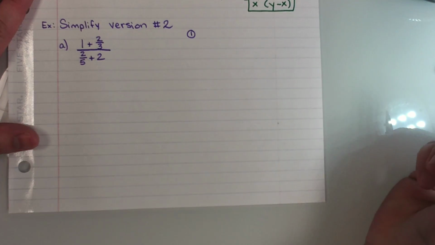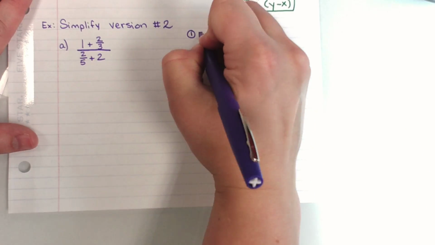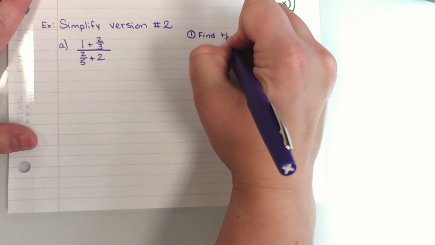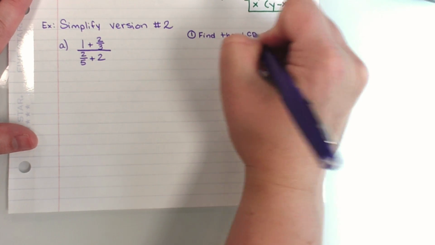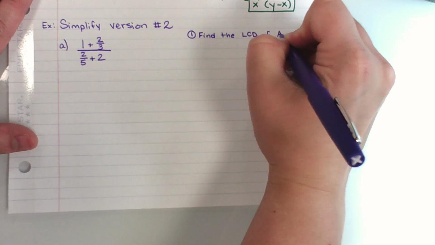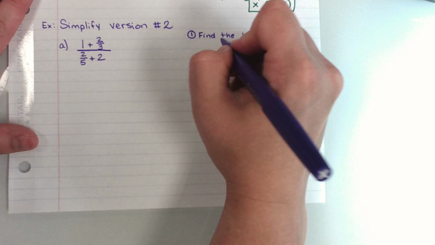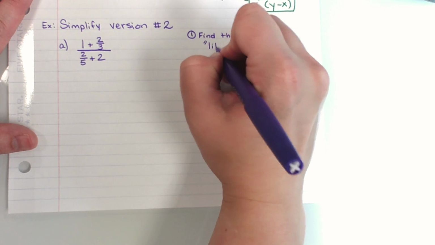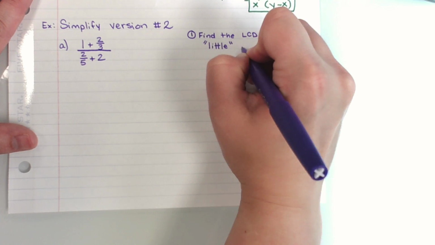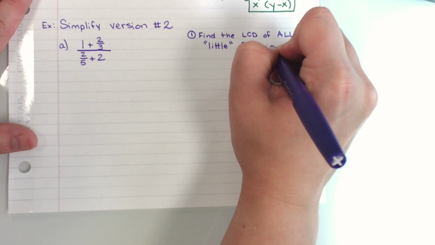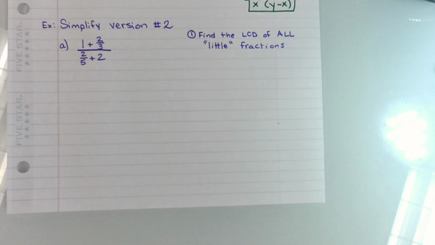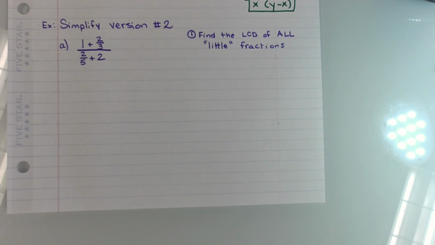So when you're doing this, the first thing you're going to want to do is find the least common denominator of all little fractions. And when I say the little fractions, I mean the 1, the 2/3, the 2/5, and the 2.